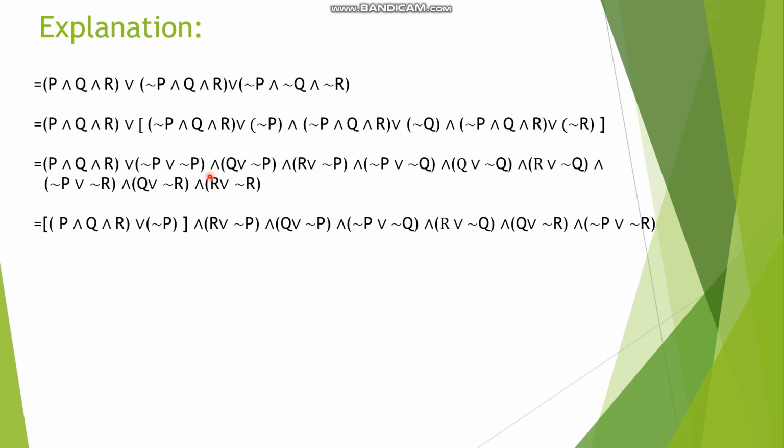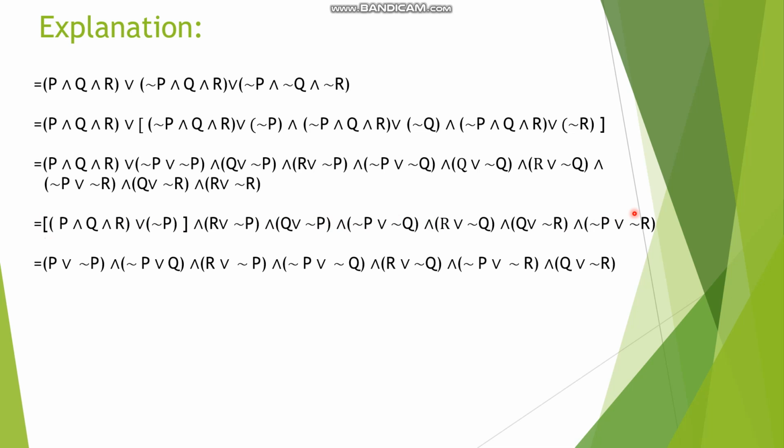For example, R and disjunction negation R get cancelled, and Q disjunction negation Q also gets cancelled, and we keep the remaining terms as they are. Again we use the distributive law: negation P with P, negation P with Q, negation P with R, and we keep the remaining part as it is.